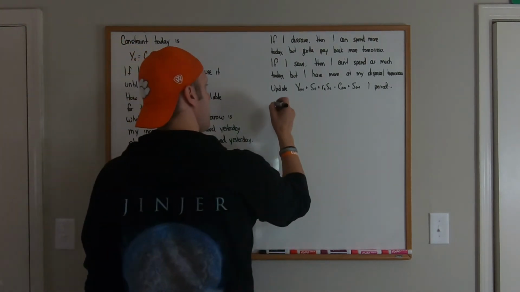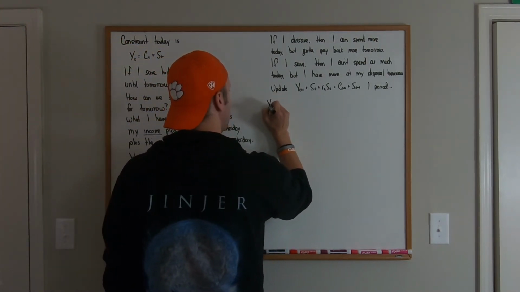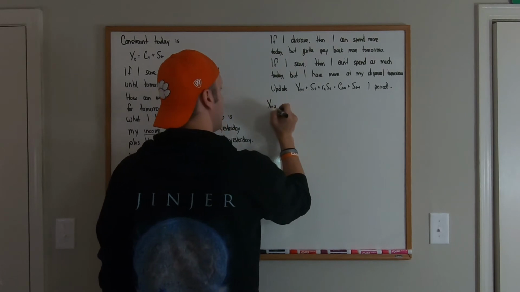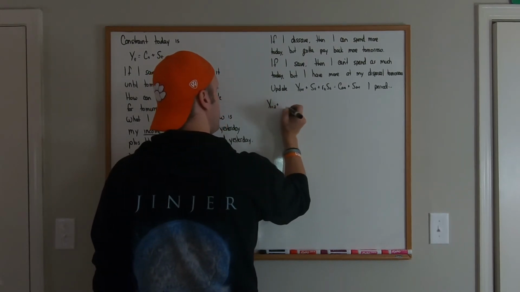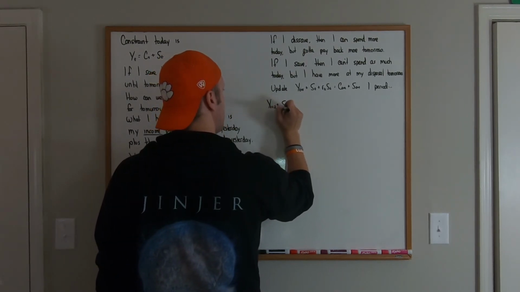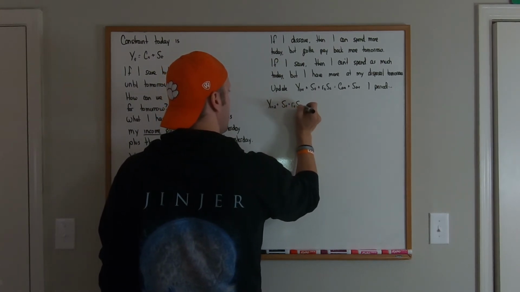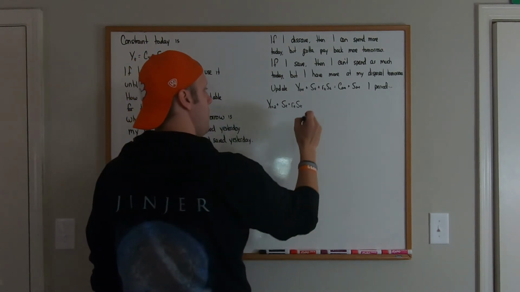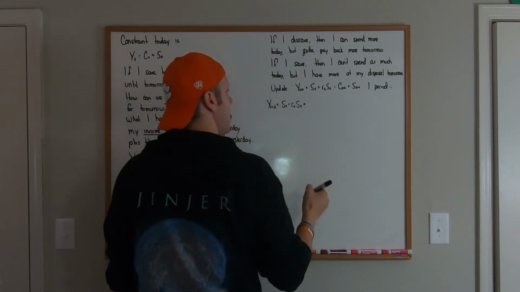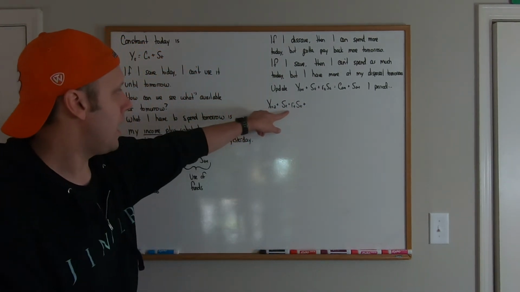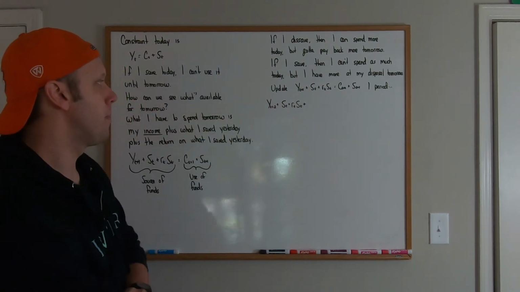All right, well, what I'm going to do is I'm going to have y_{t+2}, because now we're looking 2 days into the future, plus what I saved from the first period, plus I'm going to repeat what happened here for the second period.